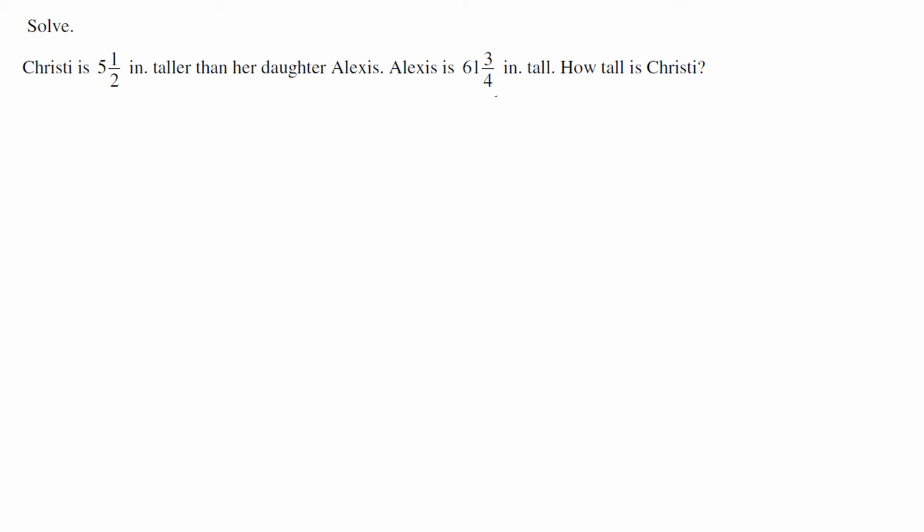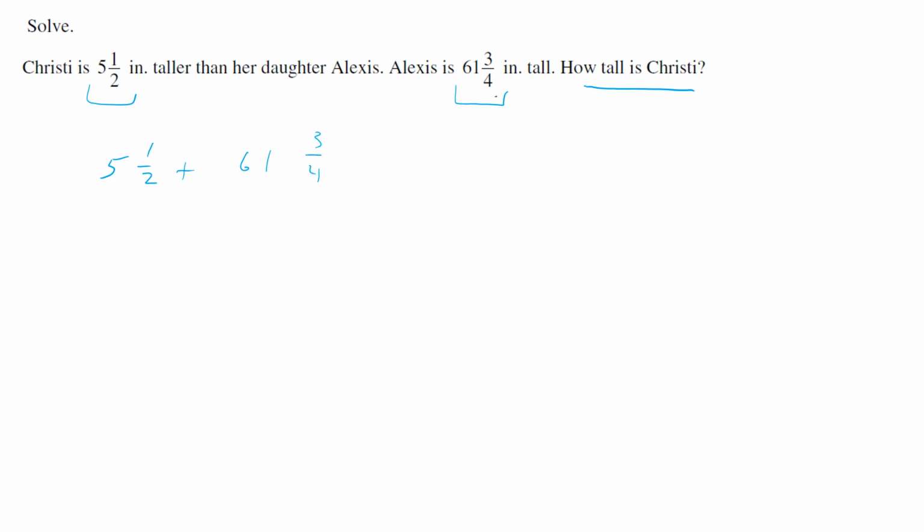All right, Christy is 5 1/2 inches taller than her daughter Alexis. If Alexis is 61 and 3/4 inches tall, how tall is Christy? So since Christy is taller, then we want to add these. So 5 1/2 plus 61 and 3/4.